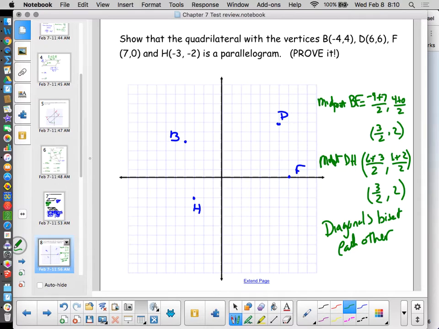So what are we finding? What's the conclusion? What's the reason? Okay? So you've got to describe what it is you're measuring, show the work for the measurements, and state the conclusion. Be thorough in your explanation. Whoa! F just moved from 7, 0. Back.